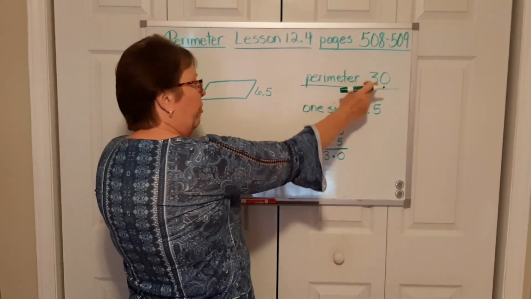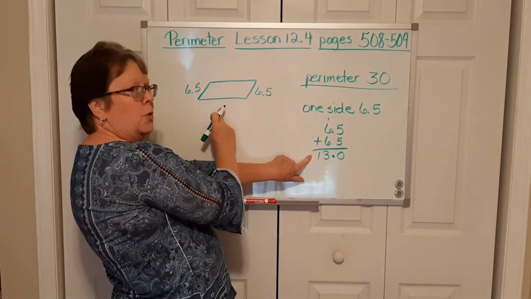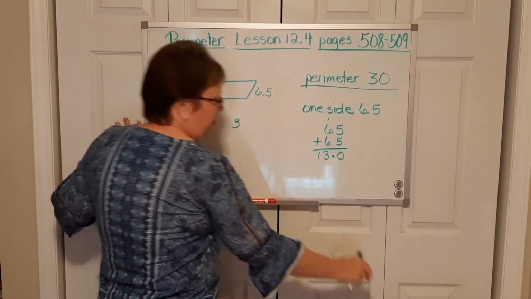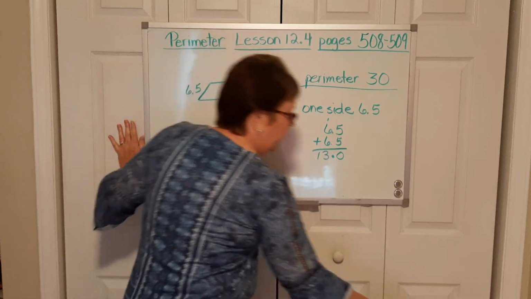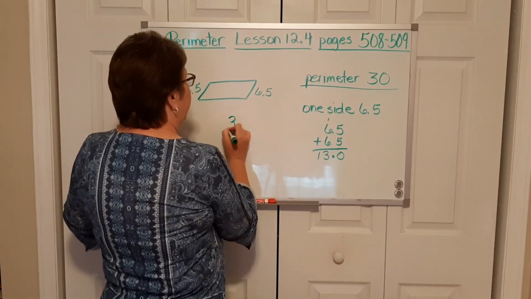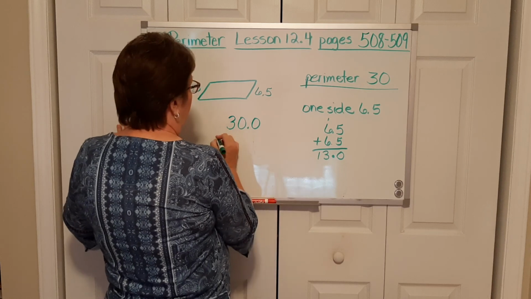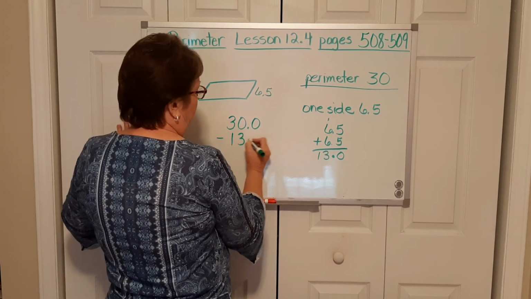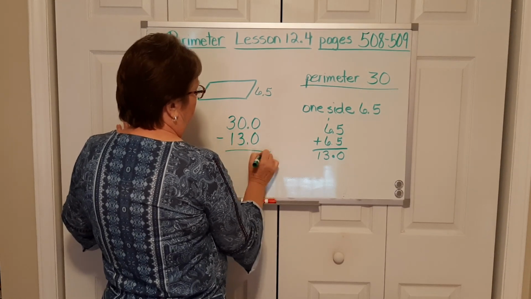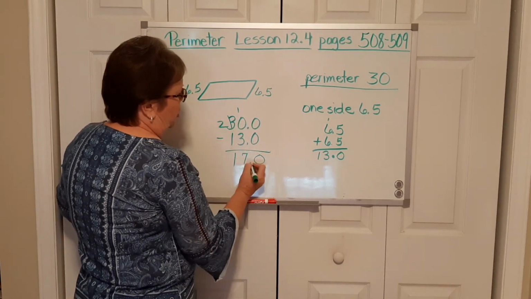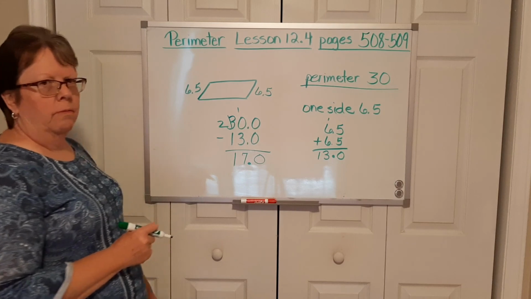Our perimeter is 30, so we're trying to figure out what these two sides are now. So let's take our 30 and put 0.0, because we're going to subtract our 13.0. So we have 17.0.